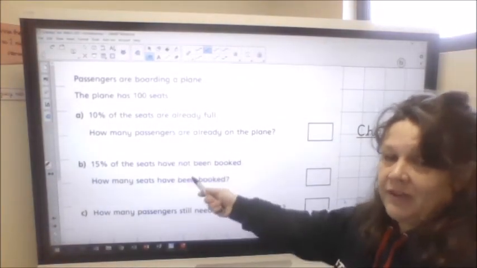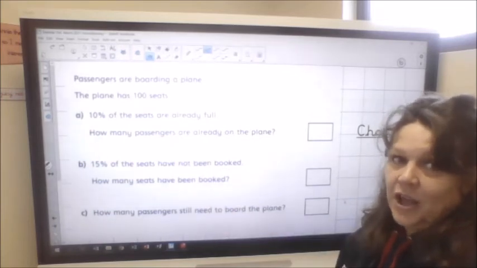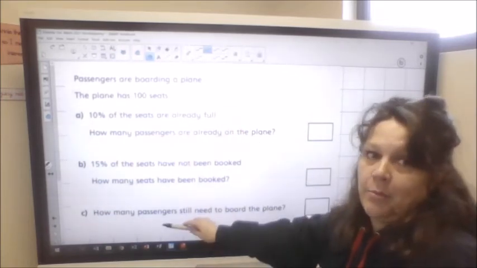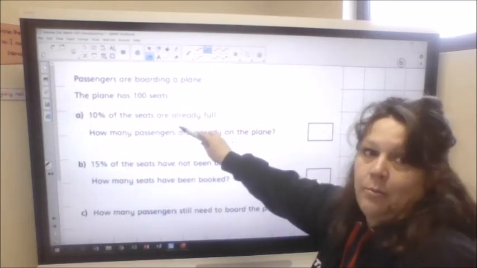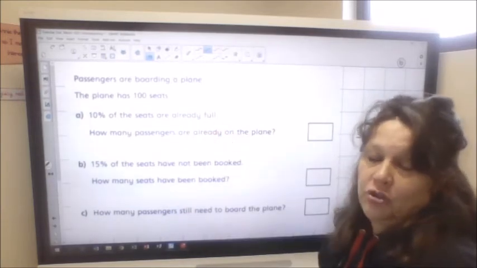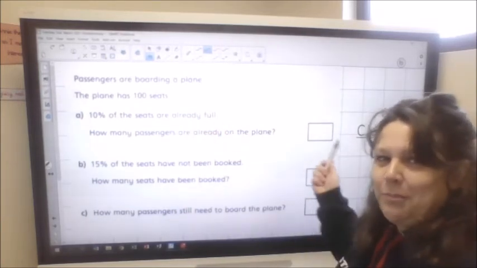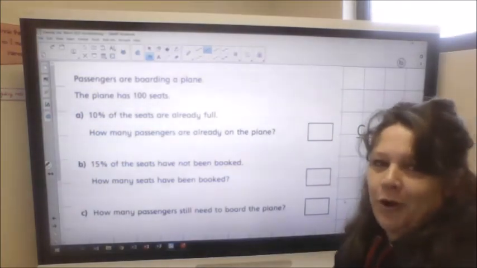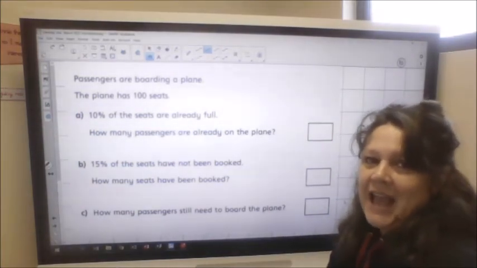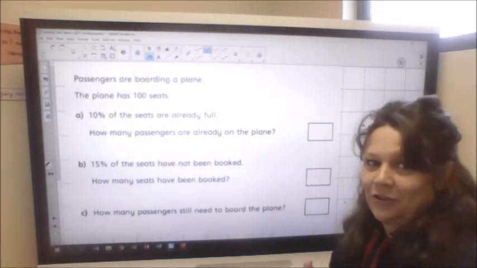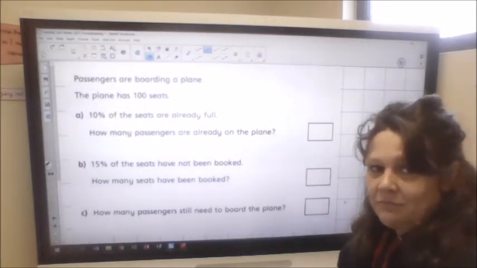So there's going to be 15% empty seats. So think about how many will be full and how many have already got on who are going to be filling it up. So little bit of thinking, that one, and I'll be interested to see how many of you get that right. So let's just think about it again.